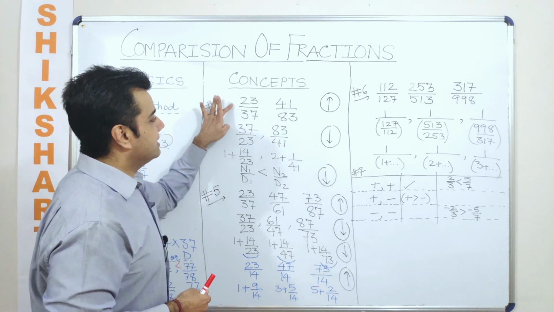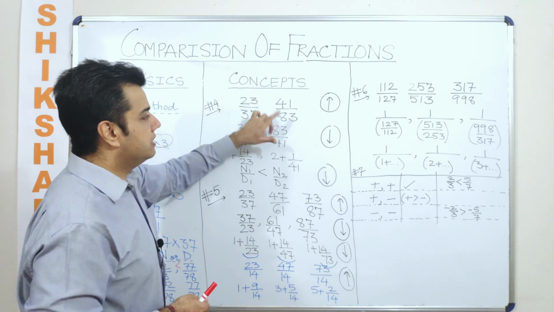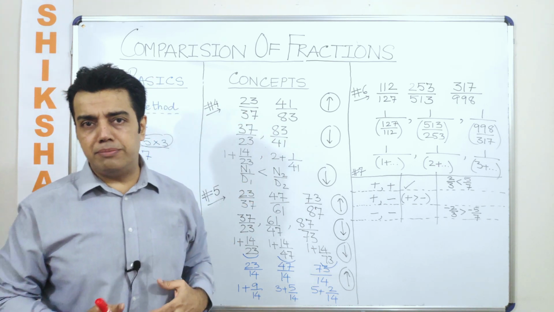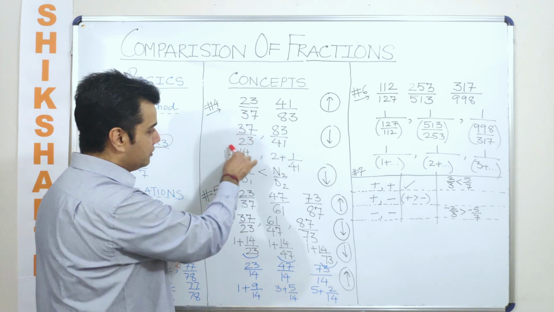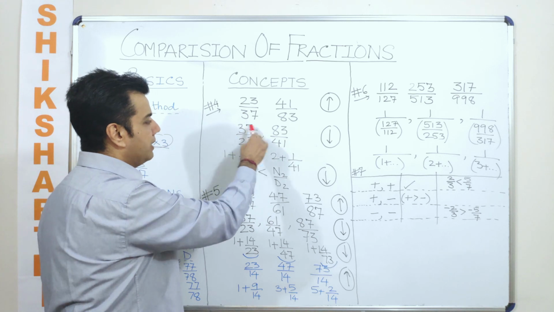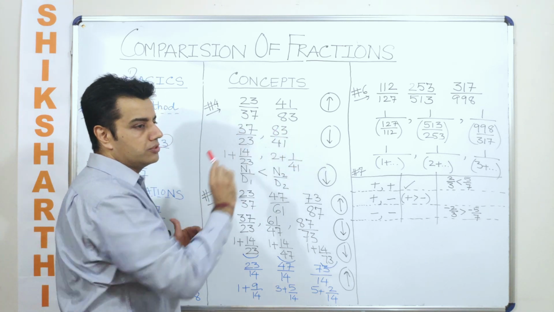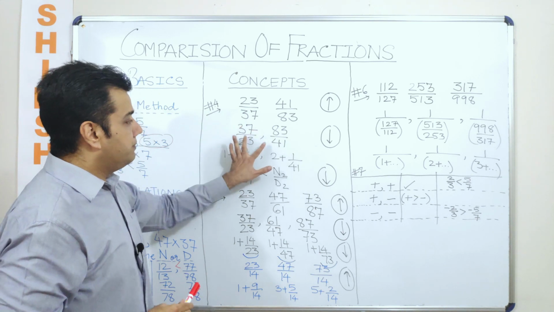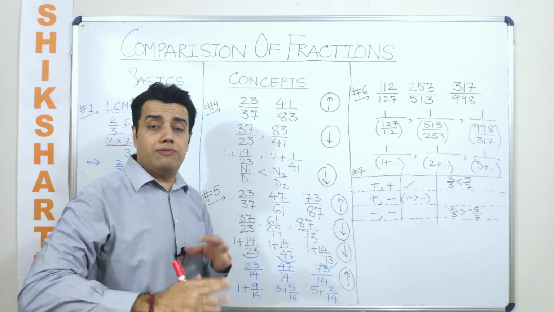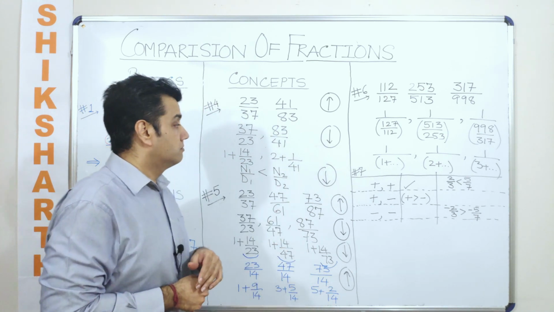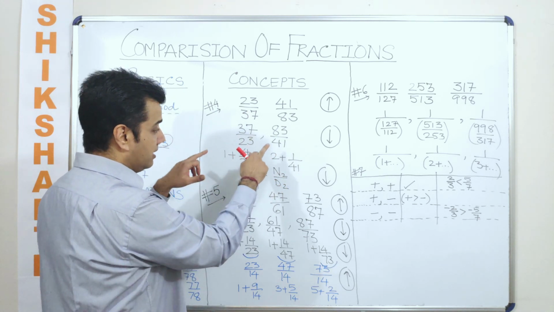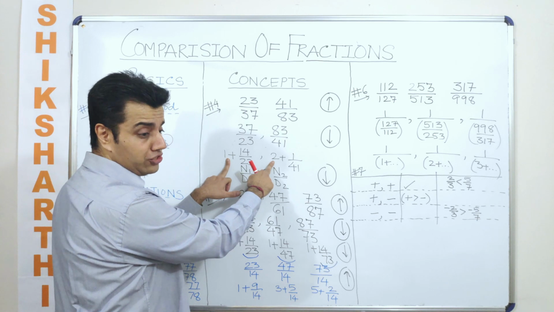So now in this case, what am I suggesting? I am asking you to take the reciprocal of these fractions. Reciprocal means the numerator becomes the denominator and the denominator becomes the numerator. So once you have done this, this becomes an improper fraction. Now we are talking about positive improper fractions. In positive improper fractions, if I am able to write this in terms of a mixed fraction, which we have already learnt in the earlier videos, then can I say that for two improper fractions, higher the quotient?